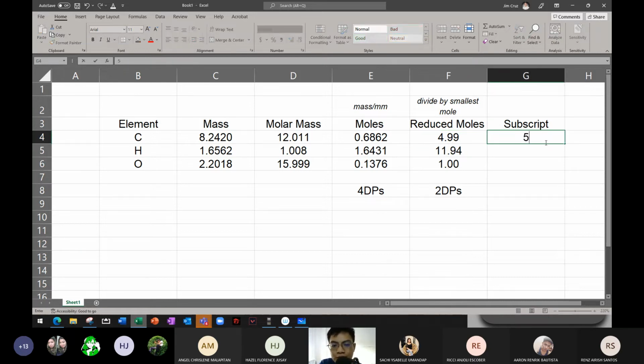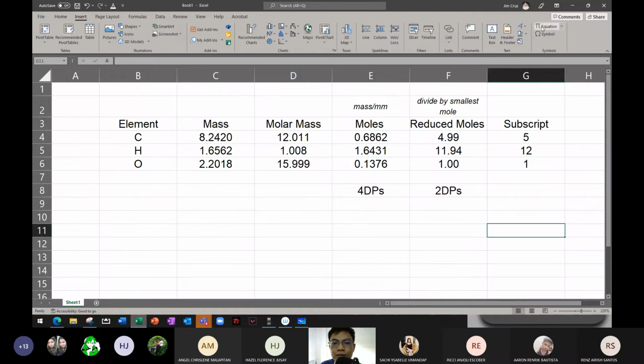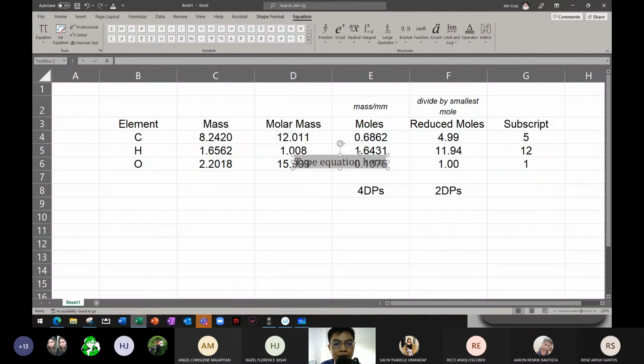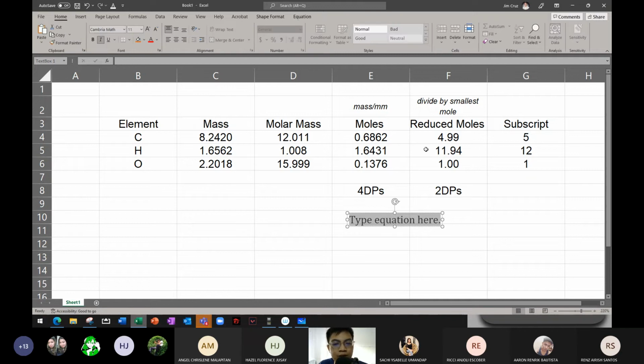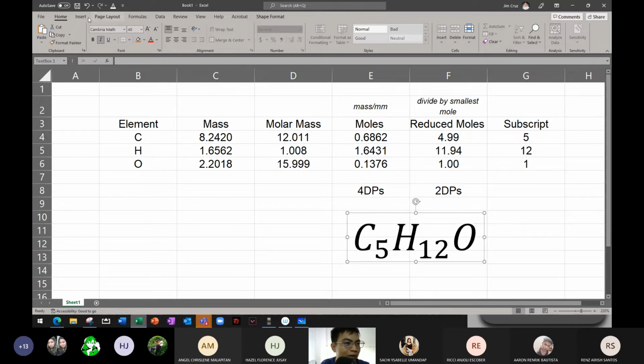So this will be 5, this will be 12, and this will be 1. Meaning that your empirical formula for the compound methyl tert-butyl ether is C5H12O. Eh, di ba ito yung pinakita ko sa inyo kanina? C5H12O. Do you still remember?